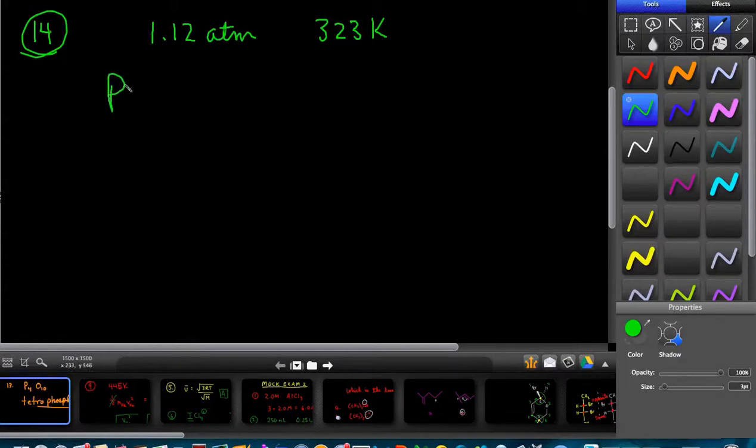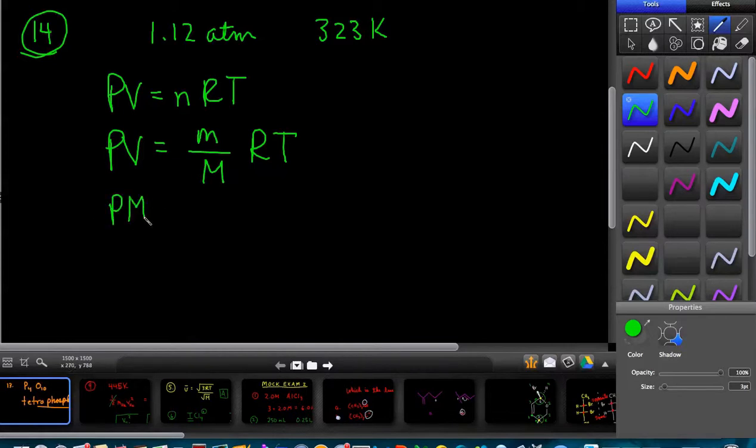From PV equals nRT, we know that the number of moles can also be written as the mass divided by the molecular weight. So if I were to solve this for m over V, which is density, I would get PM over RT equals density, which is mass over volume.